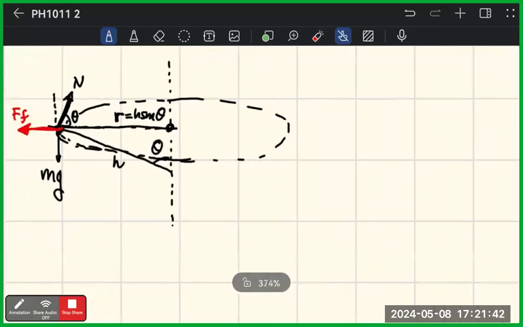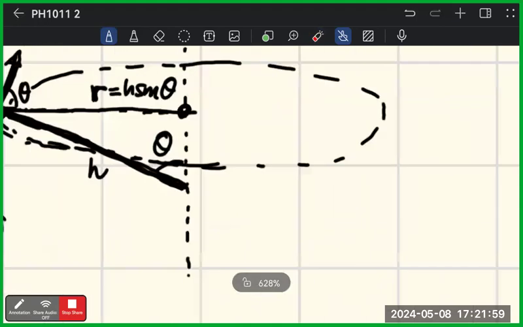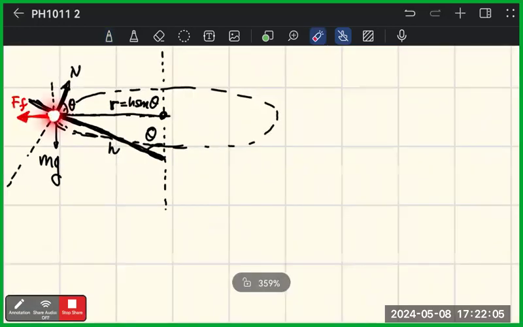Okay, so we'll continue drawing the path of the bead. So this is the pole, right? This is the pole. So if you have this fictitious force, you can see that this bead is not moving in either direction along the pole, right?